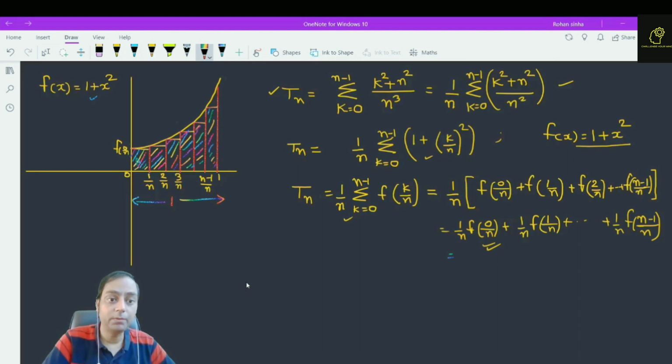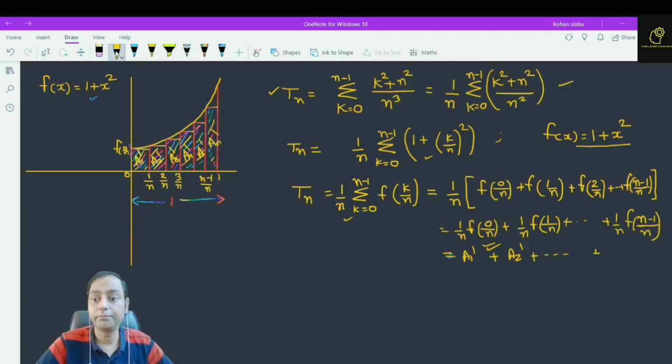So this is nothing but f of 0 by n, and this area is a1 dash. What about this? a2 dash. This is a3 dash, a4 dash, a5 dash, an dash, and so on. So this is Tn.